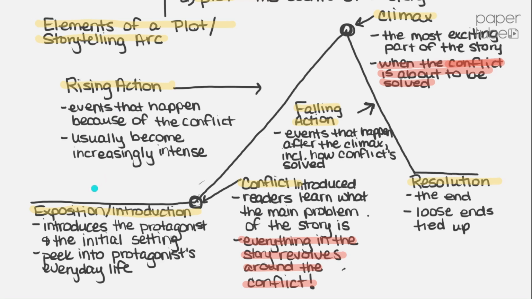Rising action is just all of the events that occur after the conflict has been introduced, but before the problem starts to get solved. And you can see that it's on this like uphill slope. That's showing us that the problem is becoming more intense in some way. So the action is building up.